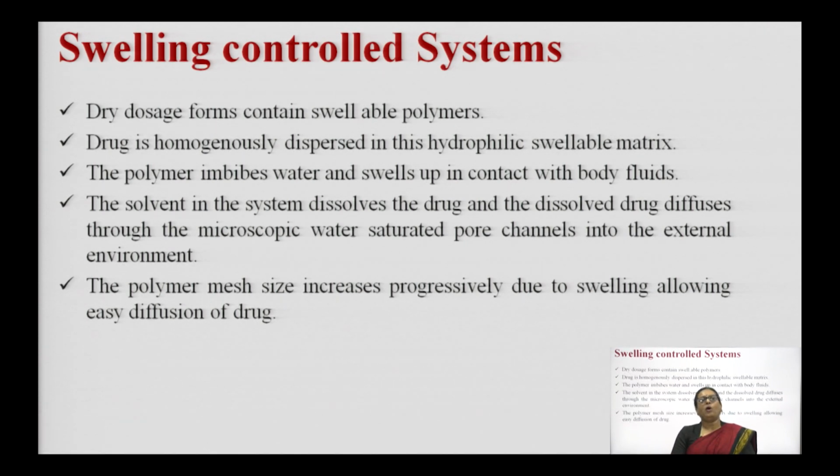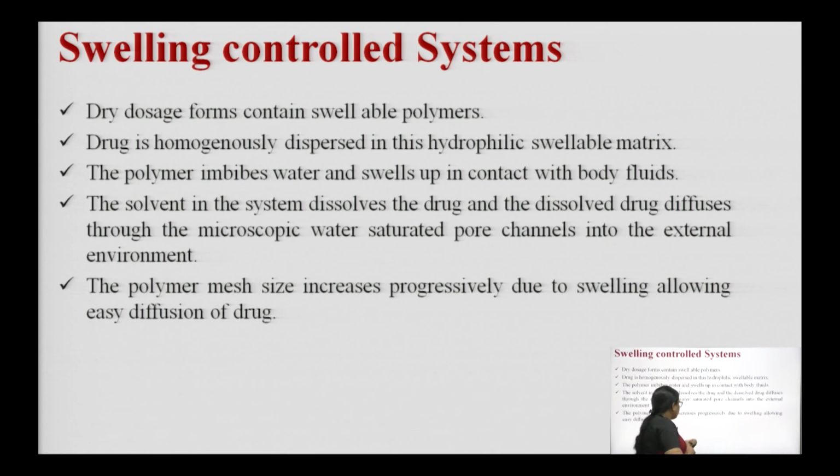The swelling of the polymer leads to an increase in the size of pores within the polymer, and these pores act as aqueous channels through which water can diffuse into the polymeric matrix, dissolve the drug, and then the solution of drug can easily diffuse out of the polymeric matrix. The polymer mesh size gradually increases progressively due to swelling, allowing easy diffusion of the drug.